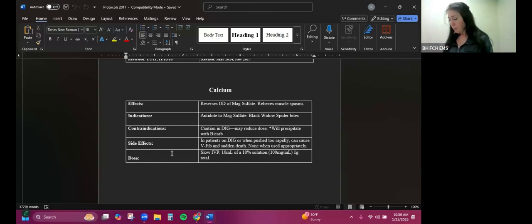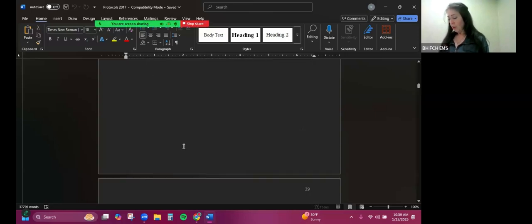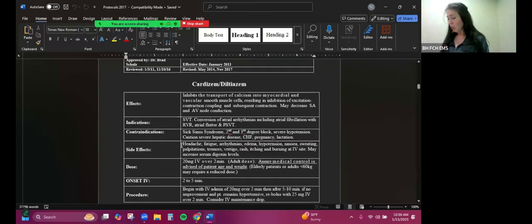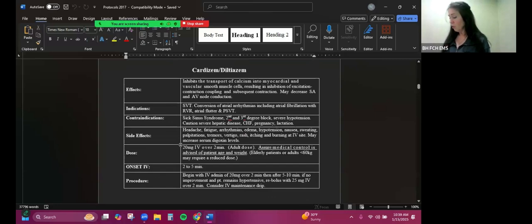Okay, Cardizem. We use that for SVT conversion of atrial arrhythmias, including atrial fib with RVR, atrial flutter, and PSVT. Your contraindications are sick sinus syndrome, second and third degree block, and severe hypotension.